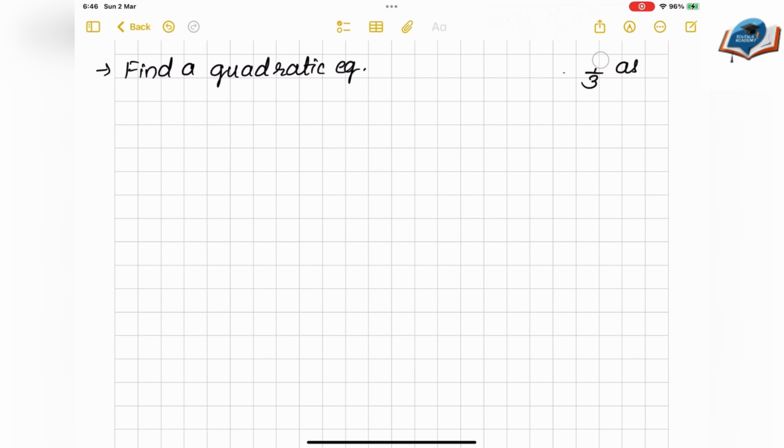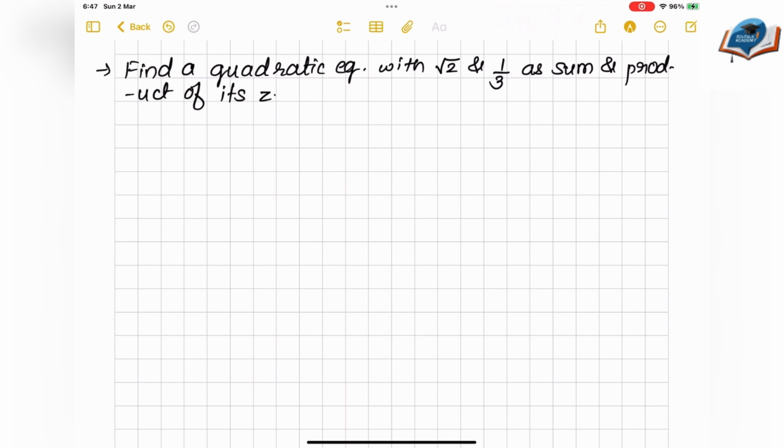Find a quadratic equation with root 2 and 1 upon 3 as sum and product of its zeros respectively.